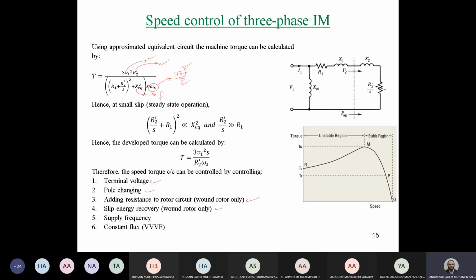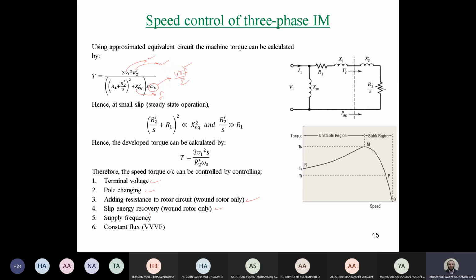Instead of adding resistance to the rotor circuit, which will have some losses because there will be I square R on it, we will take this power and return it to the supply through a power electronic converter.